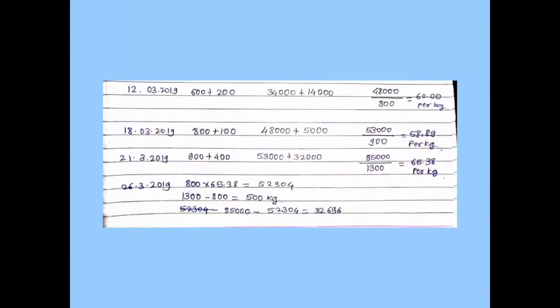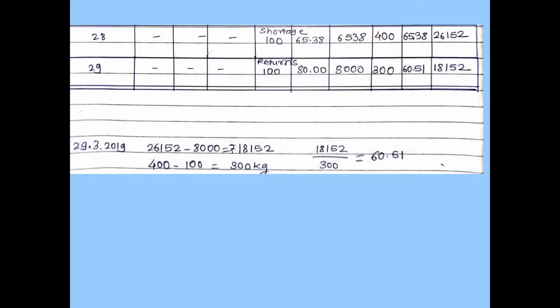This calculation is given here. 1,300 minus 800 is 500 kg, 85,000 minus 52,304 is equal to 32,696 rupees. Now the next transaction. On the 28th, we have been given one instruction of shortage.